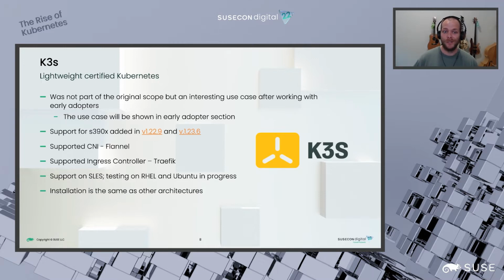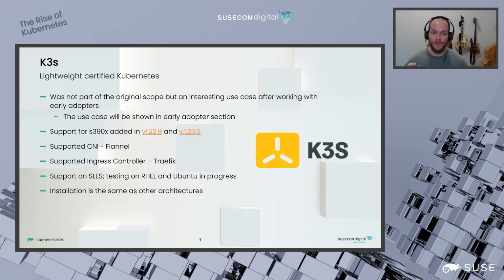This was actually not in our original scope, but after working with a couple of our early adopters, we found that it has some nice benefits that allow us to make a couple of different architectural decisions on how we roll out the Kubernetes and deal with high availability. If you're interested in those architectures, please let us know, and we can talk more about those.